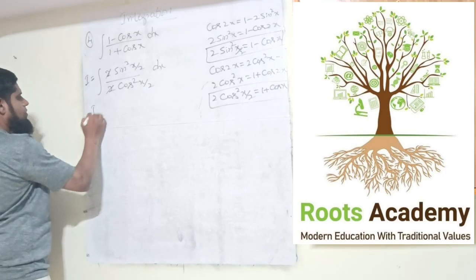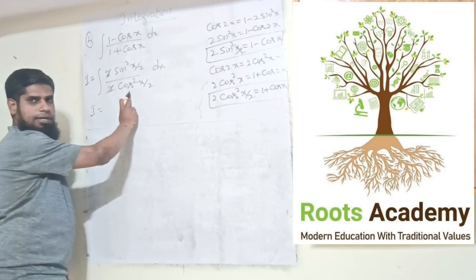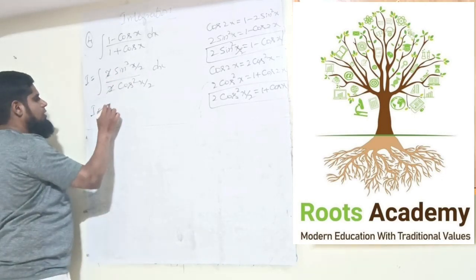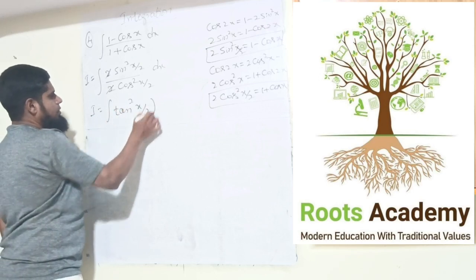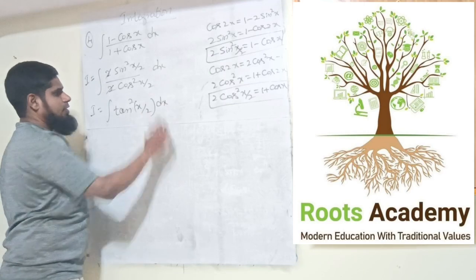After cancellation, we know that sin by cos is tan. Both are having square. So this can be written as tan square x by 2 dx.